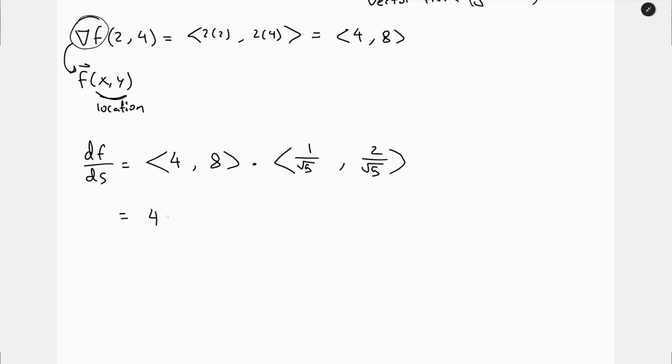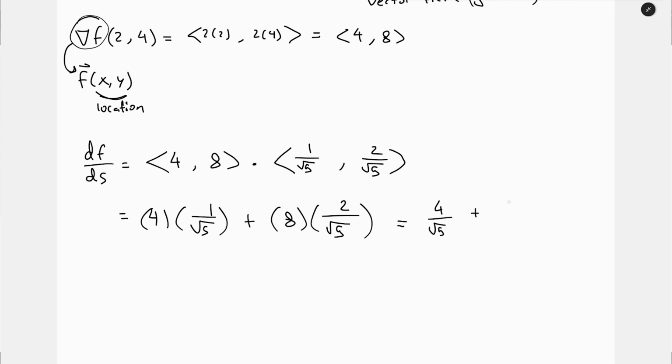So 4 times 1 divided by root 5 plus 8 times 2 divided by root 5 equals 4 divided by root 5 plus 16 divided by root 5, and we got this. So this is our answer.